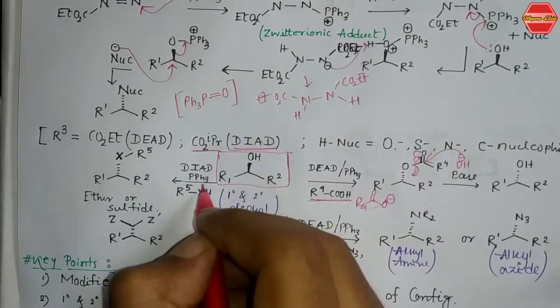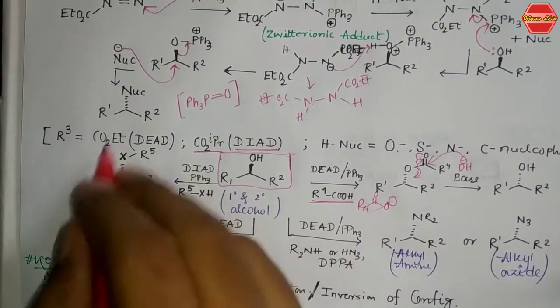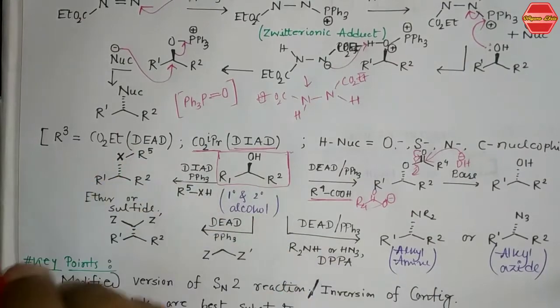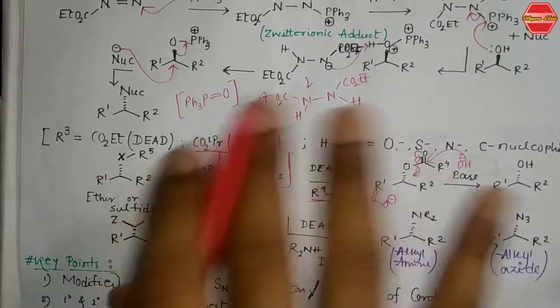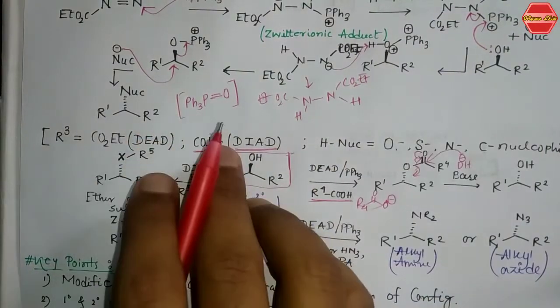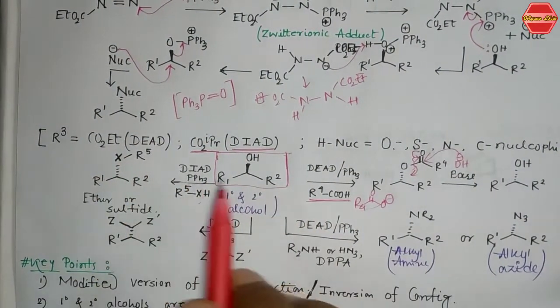And when you are using S, that is sulfur, in this X position, that will be called sulfide. So you are getting this kind of intermediate. This is your nucleophilic hydrogen, which will be abstracted by this overall group, and this X minus will directly attack over here. That way you are getting this product.